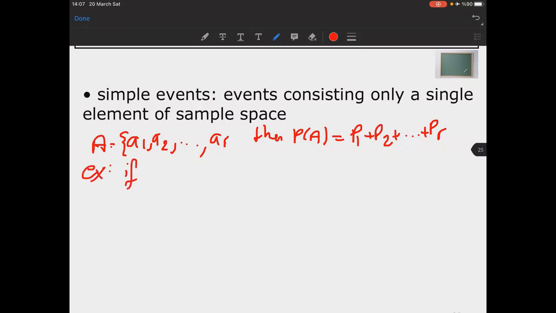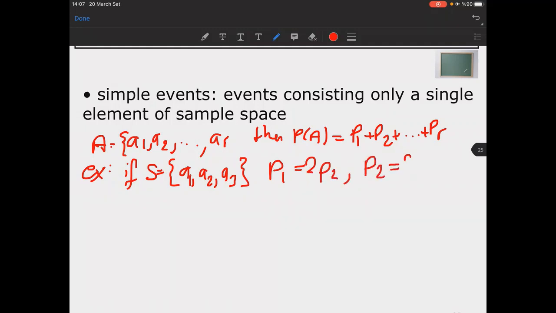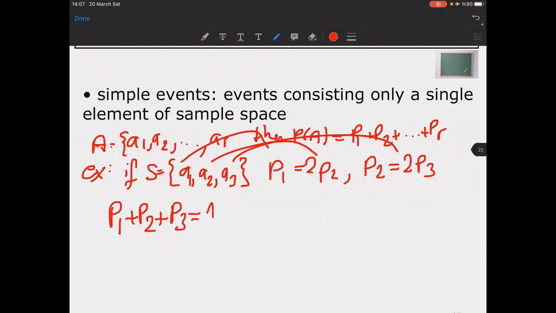For example, let's make an example here. If your S is, for example, A1, A2, and A3, and your P1 equals 2P2 and P2 equals 2P3, for example. These are the probabilities for all of the corresponding elements here. So your P1 plus P2 plus P3 should be 1. This is coming from the properties.